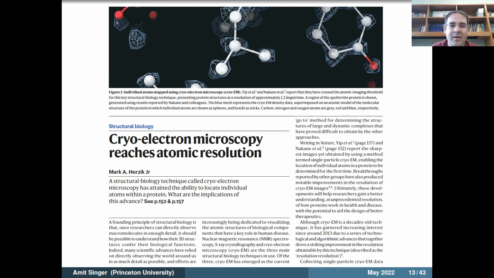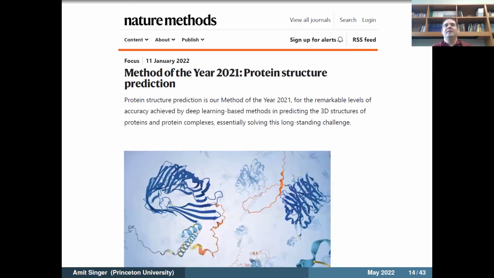Moving now to even more recently. So this is the Method of the Year 2021 of Nature Methods. This is not for cryo-EM, but still protein structure prediction. So I believe many of you heard of AlphaFold, or if you didn't, it's really an interesting thing to look at.